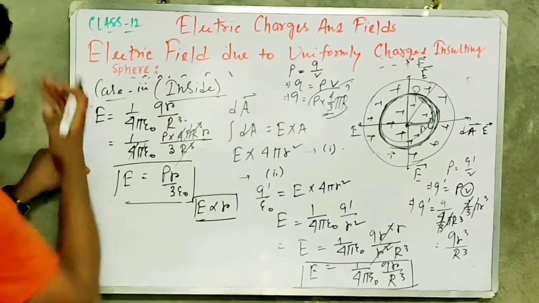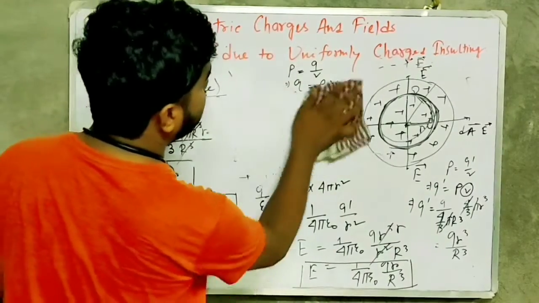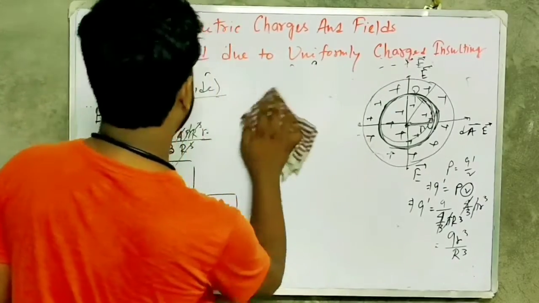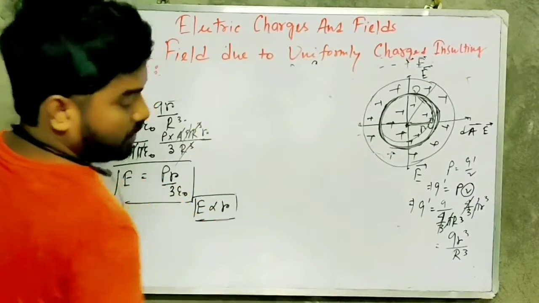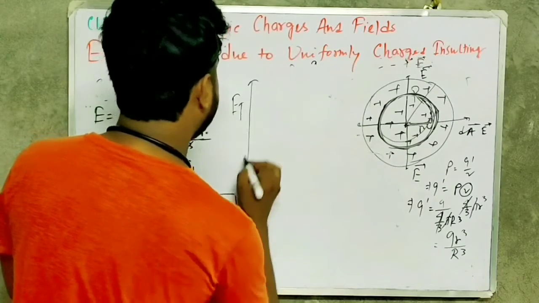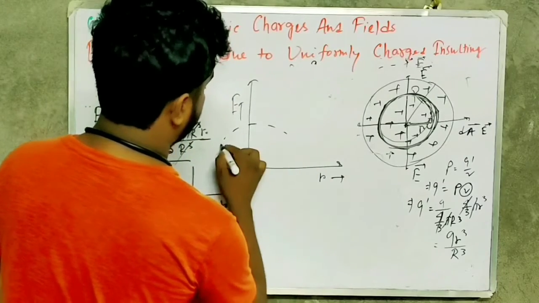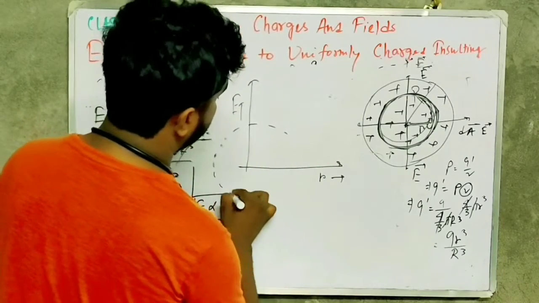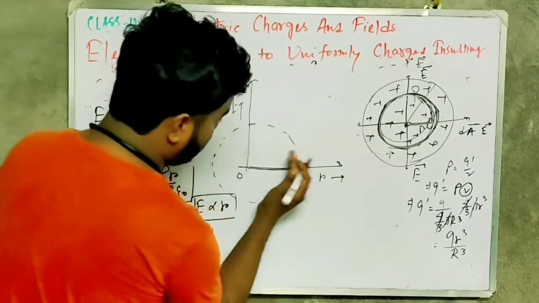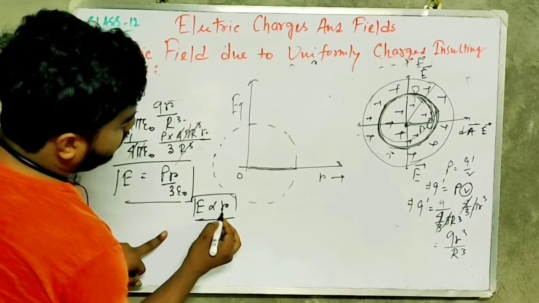Clear? So if we draw a graph of electric field versus distance for this insulating sphere, what is the nature of it? Along the y-axis is the electric field, along the x-axis is r, and this is suppose the insulating sphere. Up to this point, that is inside the sphere, the electric field is directly proportional to r.